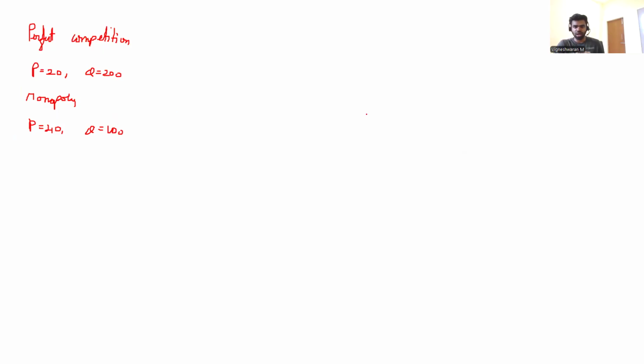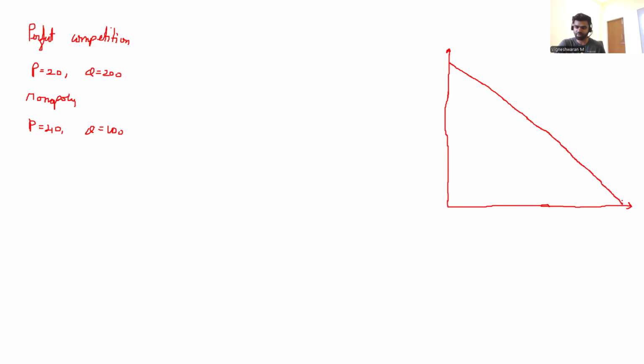Now I will be plotting one graph. Kindly adjust my handwriting. So this will be the demand line. What is the demand line or price line?